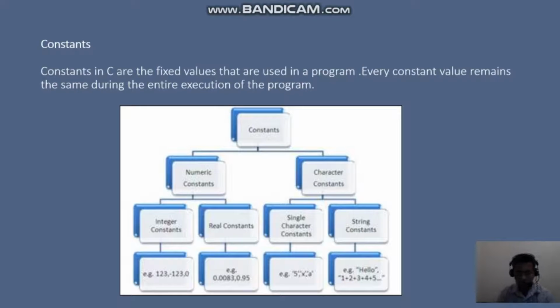For string constants, you need to use what we call double quotes. So what are strings? Strings are actually combinations of single characters, like for example, HELLO. We have combinations of characters to come up with the strings.